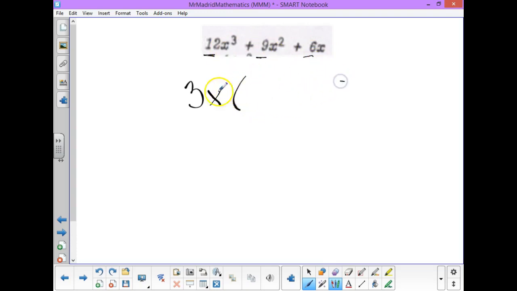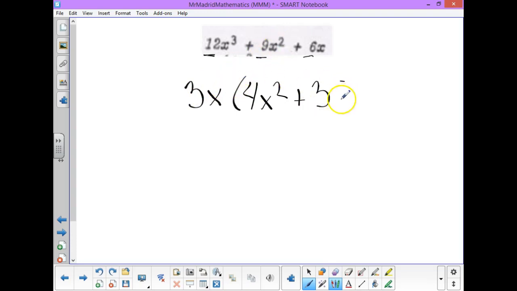Now once I've factored that out, what's left over? I need this 12 after I've divided a 3 out, it's left with a 4. This x cubed, after I divide out an x, I'm left with an x squared. And with that same train of thought, 9, factor out a 3 means 9 divided by 3, I have a 3.